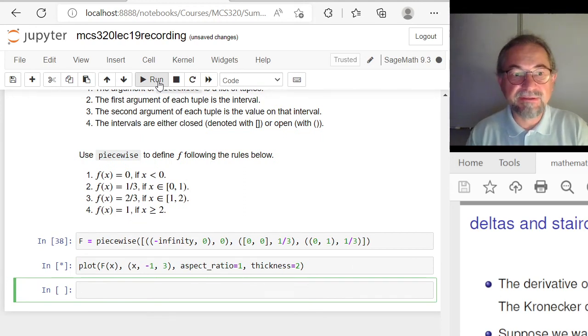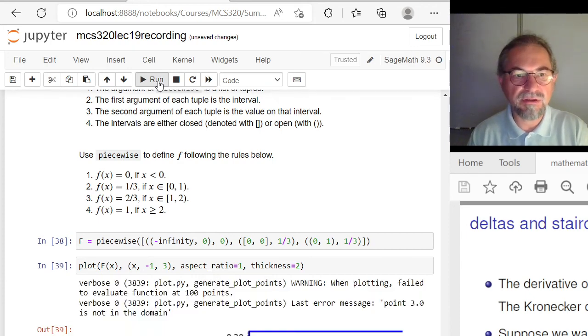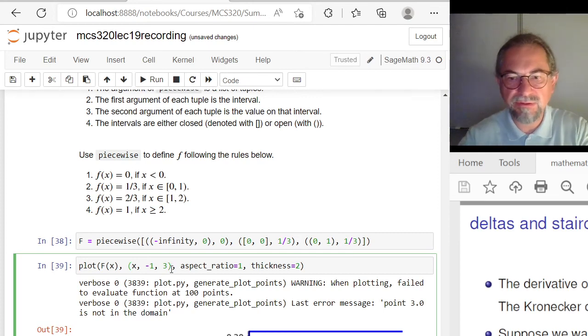The piecewise is a little bit more complicated, it seems, so it takes Sage a little longer to plot this. Okay, so here is my fault as well. The 1 was not defined, so I should have used 1.